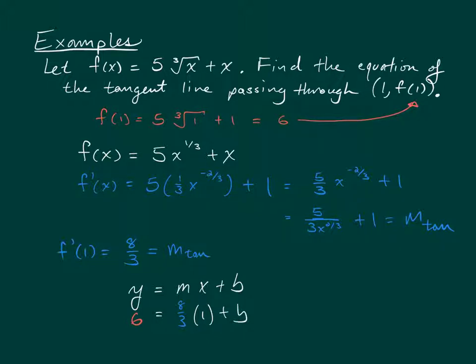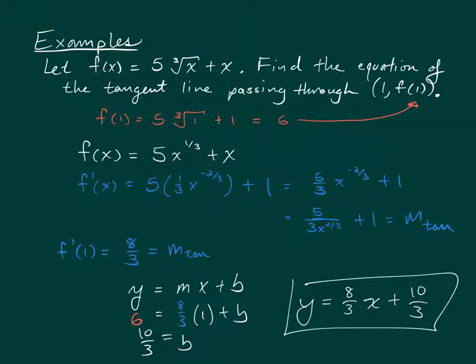And when you solve this for b, you end up with b equals 10/3. So with that, then the final equation will be y equals 8/3 x plus 10/3. Thus, this is the equation of the tangent line at this point on this function.